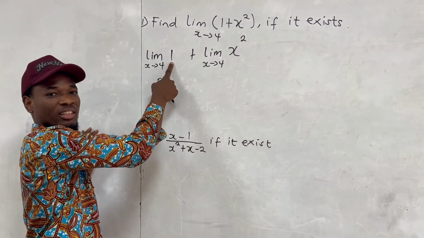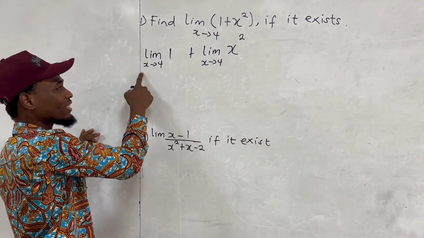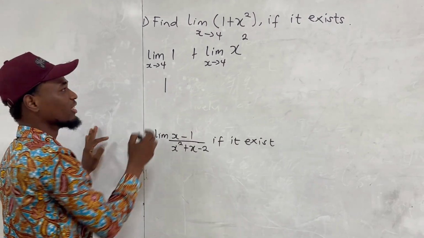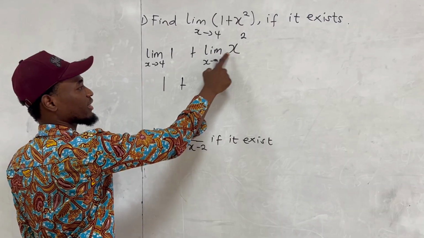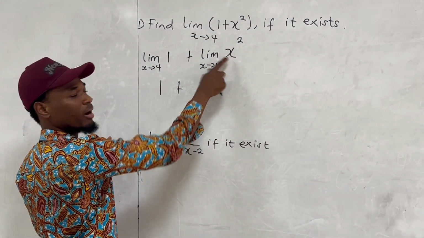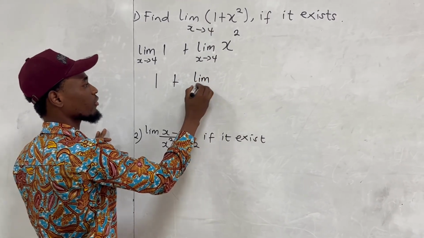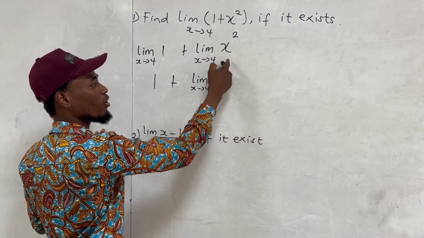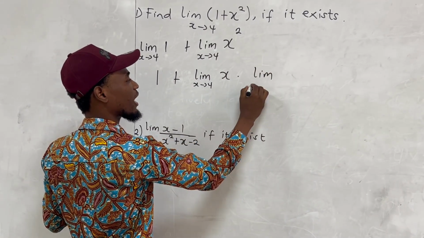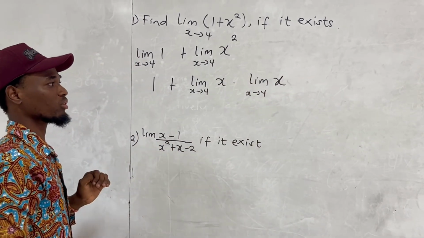So the limit of 1 as x approaches 4 is 1. Then x squared is the same as the limit as x approaches 4 of x, times the limit as x approaches 4 of x.